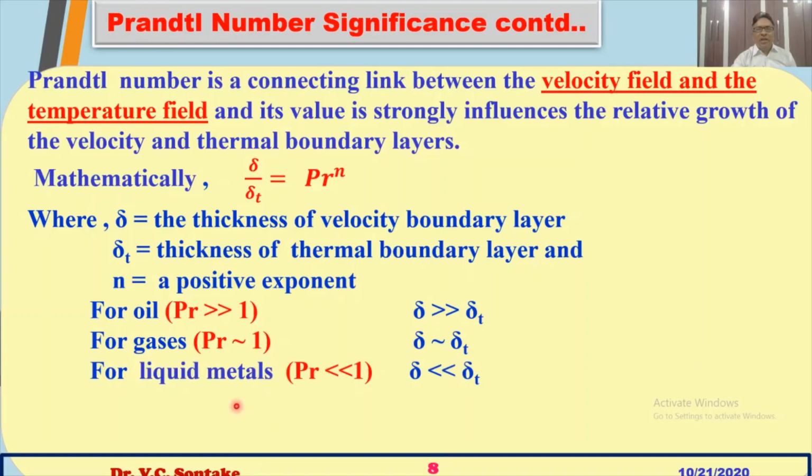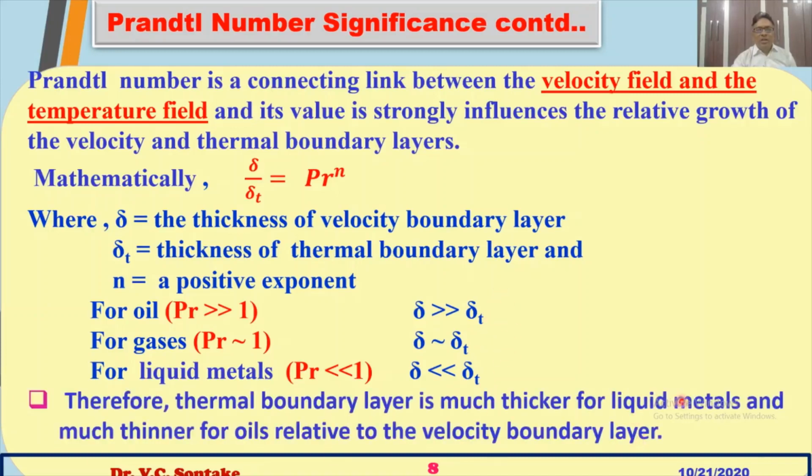And for liquid metals, the Prandtl number is very small, so the thickness of the velocity boundary layer is very small as compared to the thermal boundary layer. From this discussion we can conclude the thermal boundary layer is much thicker for liquid metals, as you can see here, and much thinner for oils relative to the velocity boundary layer. That is another significance of the Prandtl number.